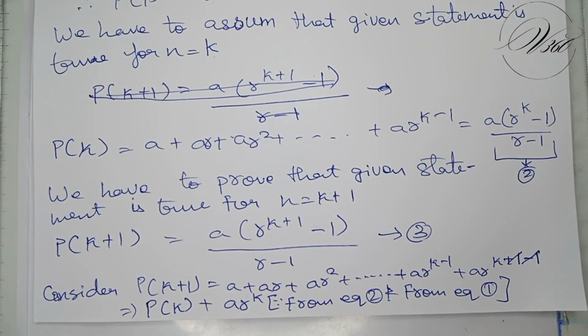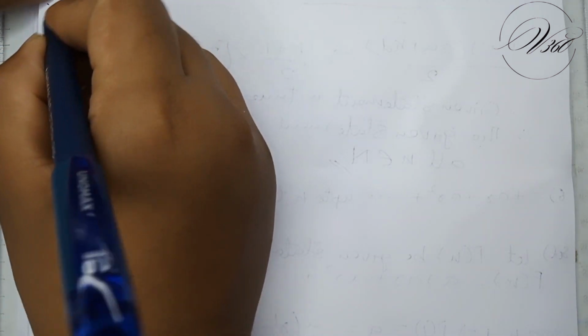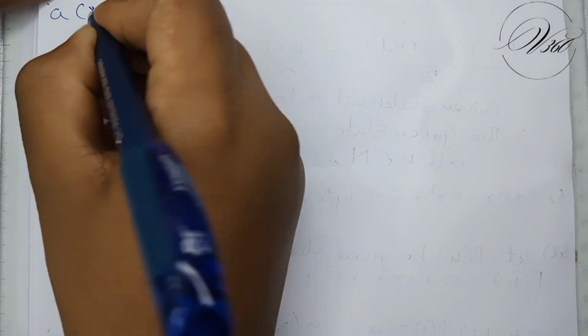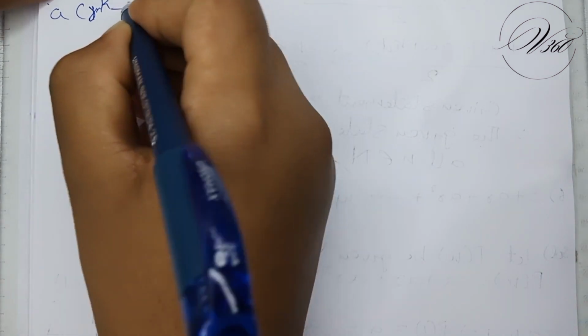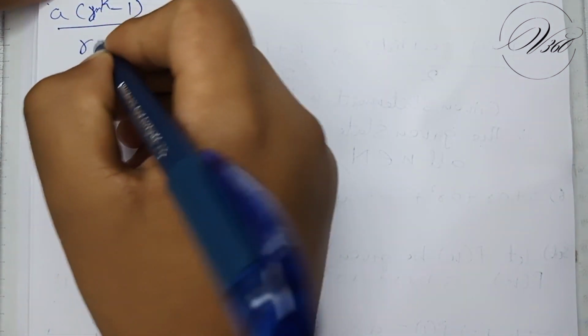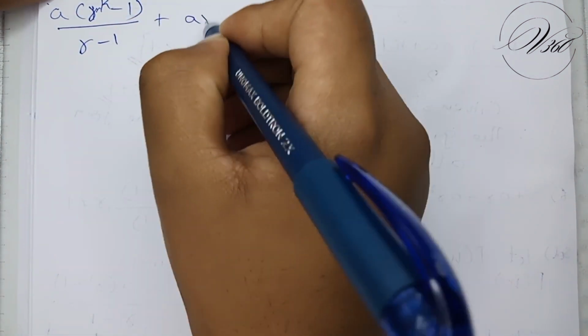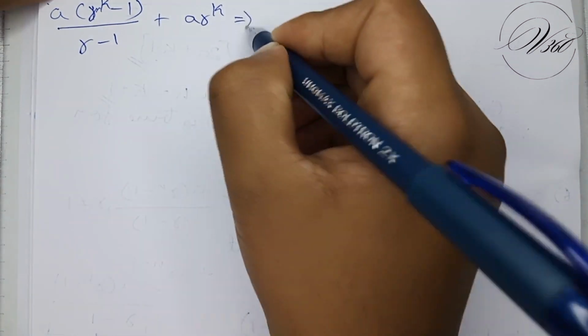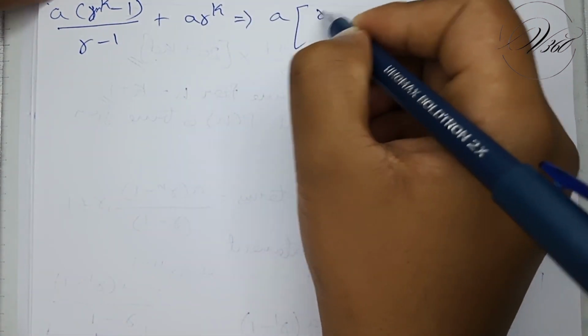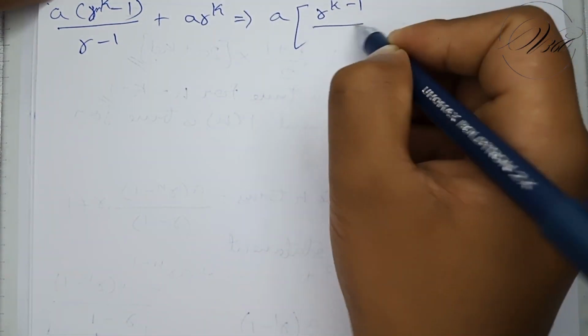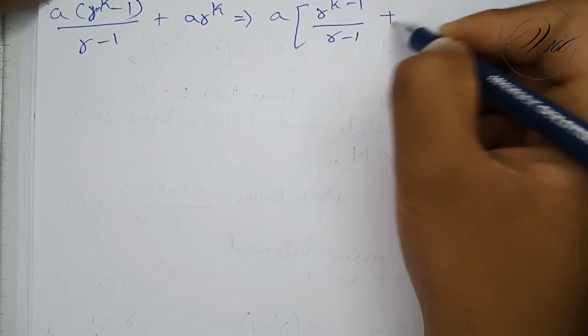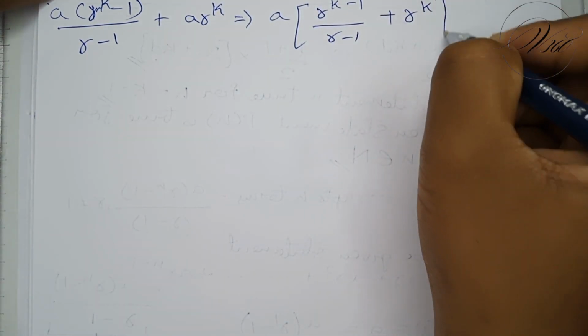Now the next step here is a of r to the power k minus 1 by r minus 1 plus ar to the power k, which implies a of r to the power k minus 1 by r minus 1 plus r to the power k.